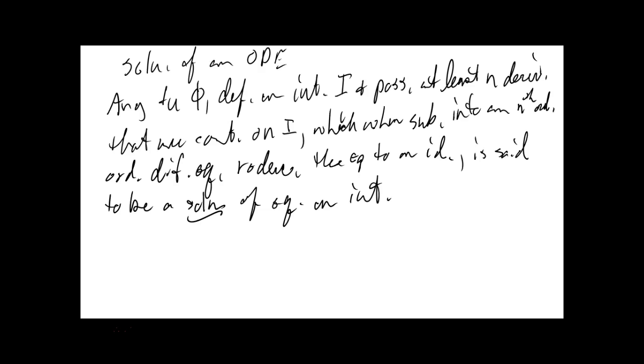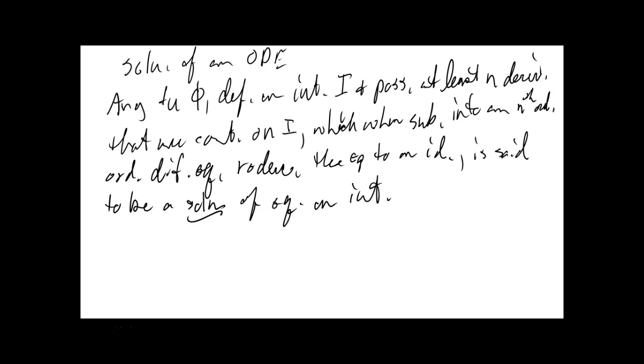So any function phi defined on some interval domain and possessing at least n derivatives. You've got to have those n derivatives that are continuous on that interval, because otherwise you can't do an nth order ordinary differential equation with it.